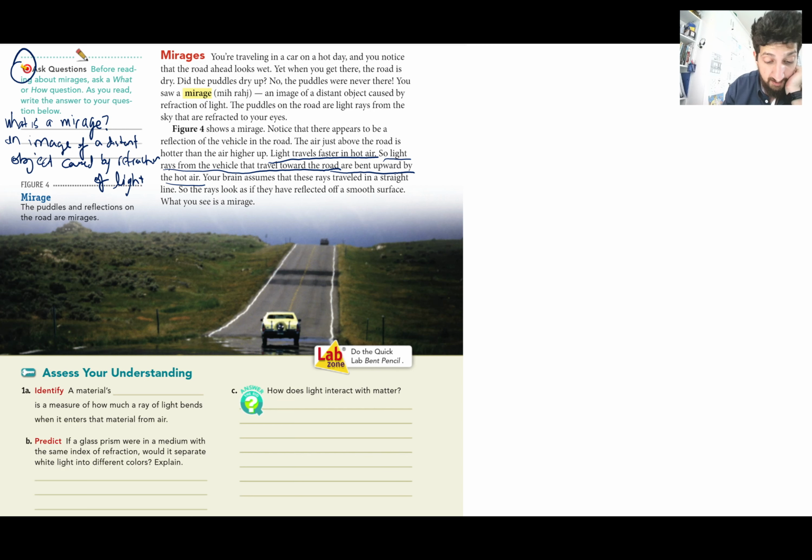Okay, back to mirages. So why do they happen? Let me explain it in the simplest way I possibly can. Here is the vehicle, so let's draw a car. Here is the car, and it's traveling in the hot desert. And here are the front lights.